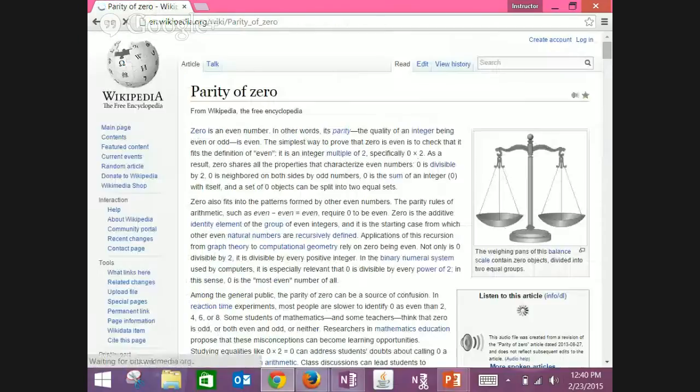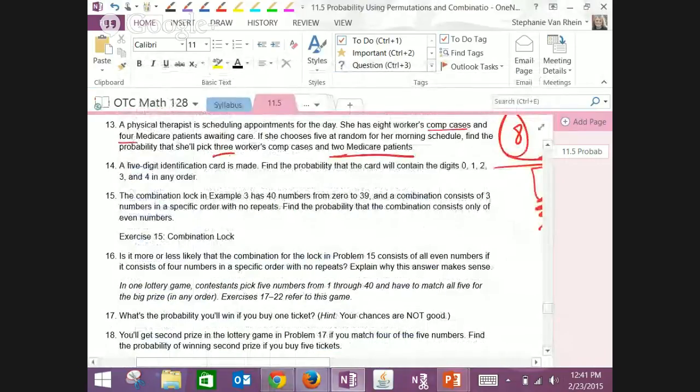By default, if you can divide it by 2, it's even. If you can't, it's odd. So by that definition, 0 is even. Isn't that odd? No, okay. I know. It's the way they pay me the big bucks.